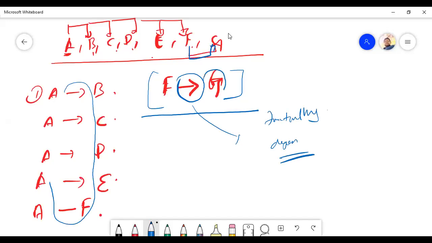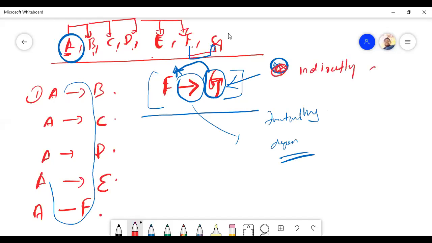So G is depending on F, but G is not depending on A directly. But the other way around, it is an important point that I have to tell, it is indirectly depending on A. You have to understand this.